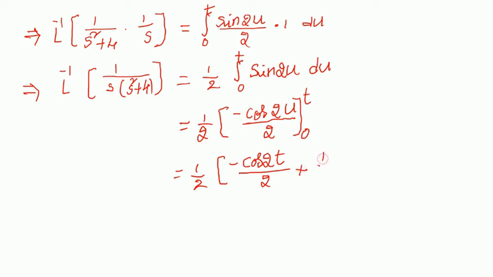So 1 by 2 is common, already 1 by 2 is there, 1 by 2 into 1 by 2 is 1 by 4 into the remaining terms, 1 minus cos 2t. So this is the solution of the second problem, right? Okay.